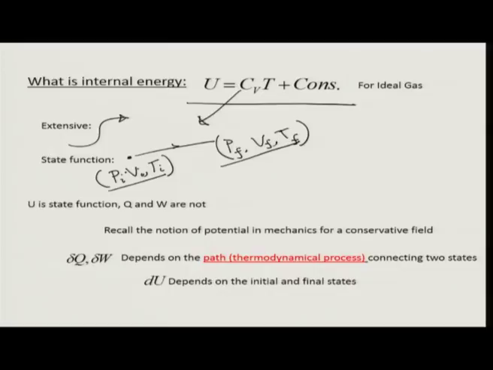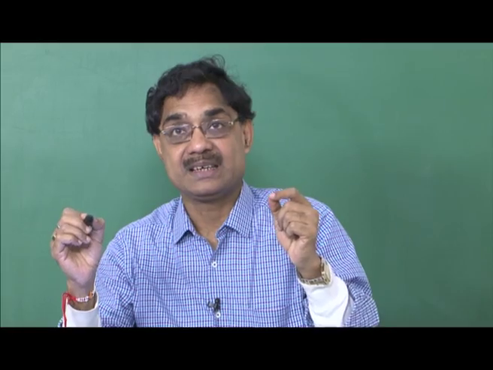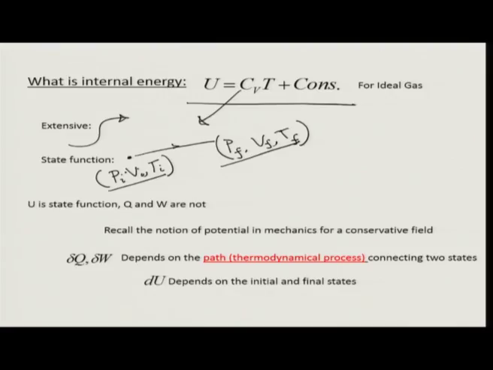So, it is a state function means it is determined by the thermodynamic variables of a state. Okay? For example, in ideal gas, if you see it is proportional to temperature. If I make a process in which my temperature goes from Ti to Tf, so change in internal energy will be simply Cv (Tf minus Ti).